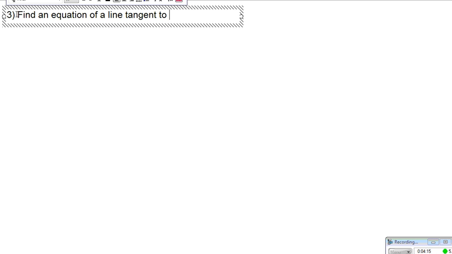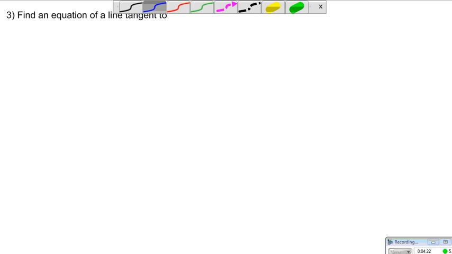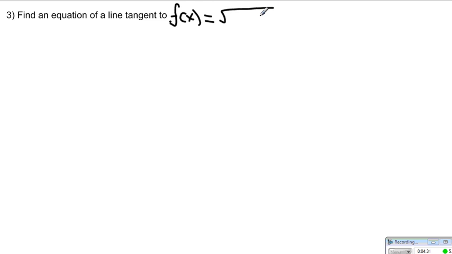I want to find an equation of a line tangent to, let me give you a function, how about f of x is equal to the square root of x plus 3, when x is equal to, let us say, negative 2? Okay, let's see what happens then.